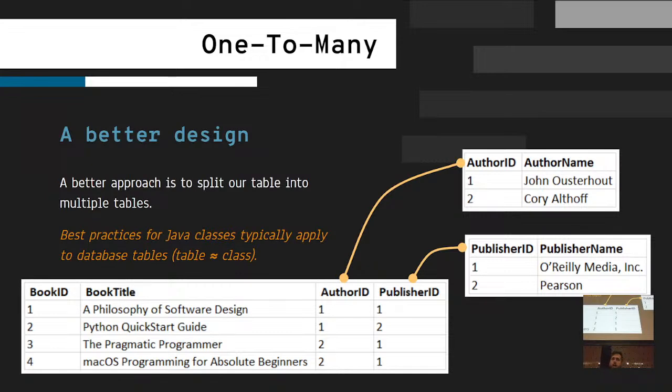We're going to use things like Hibernate, and that is going to create a parallel table in the database that's like a one-to-one table for our class. And so here we have things like the book ID, the book title, and you can think of these as fields in a class.